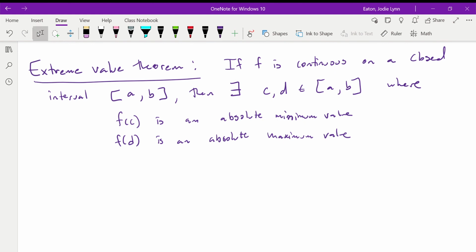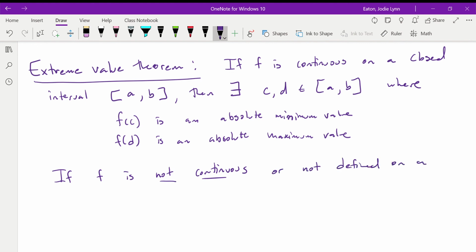So just a note, if f is not continuous or not defined on a closed interval, so those two things are required. It has to be continuous and defined on a closed interval.